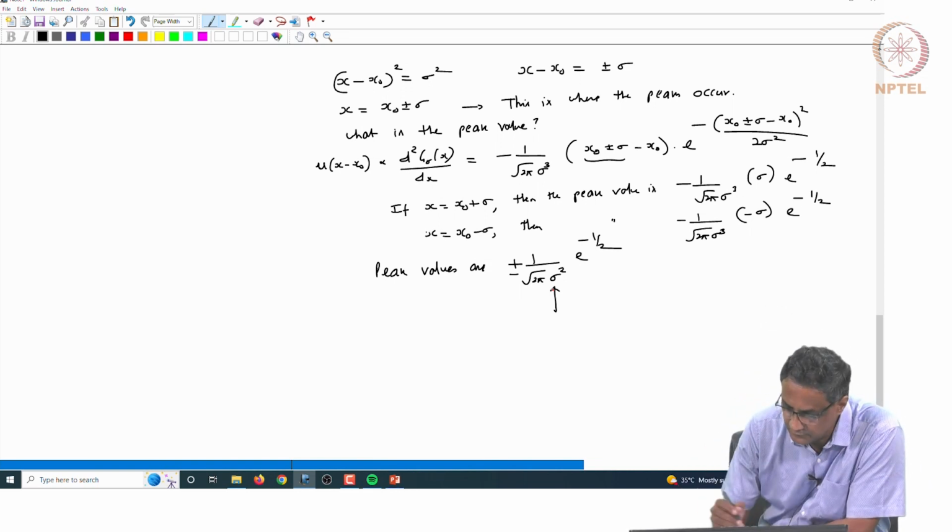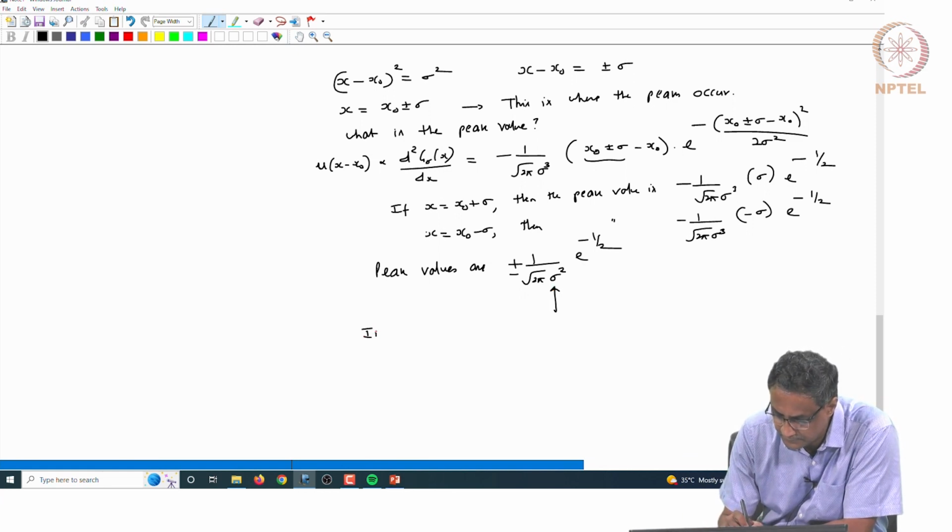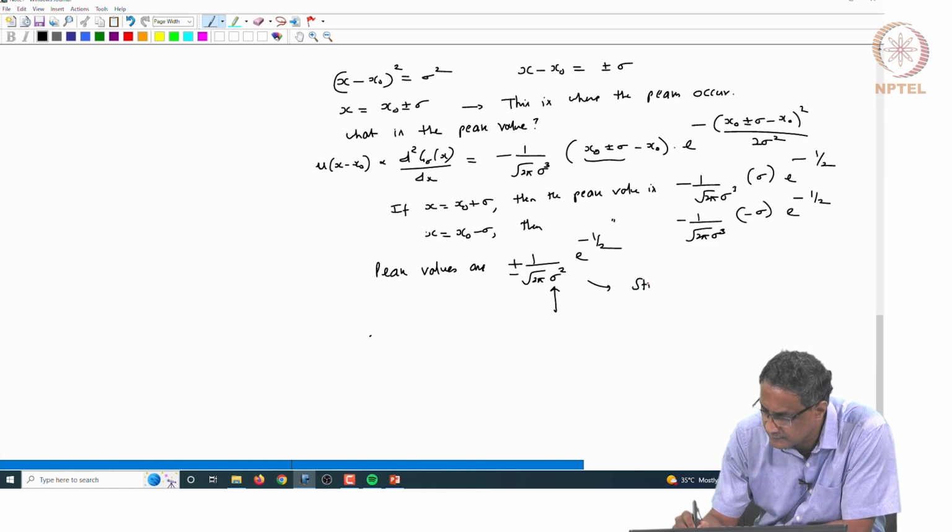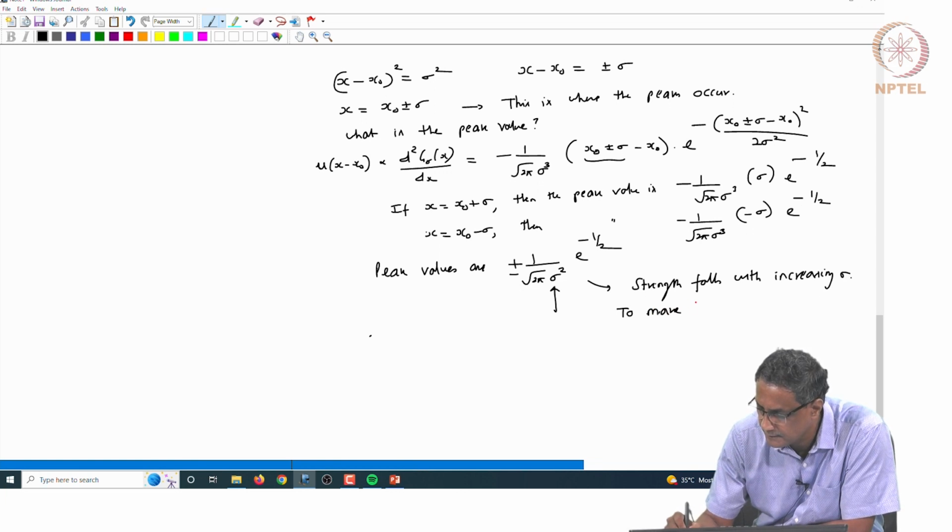So the strength falls with increasing sigma. So to make the strength invariant to sigma, multiply log by sigma square.